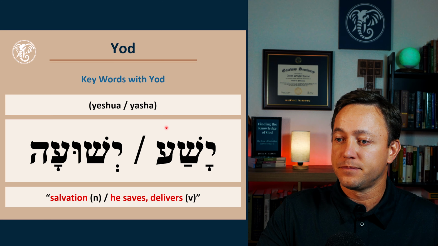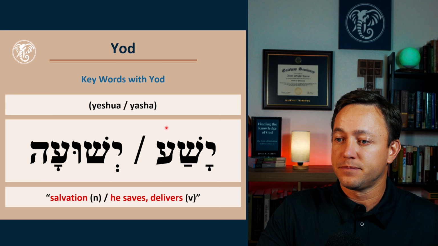All right, well, now we come to a very interesting word, and we'll talk about this a bit more here. And that is these two words here. One is Yasha, and the other is Yeshua.